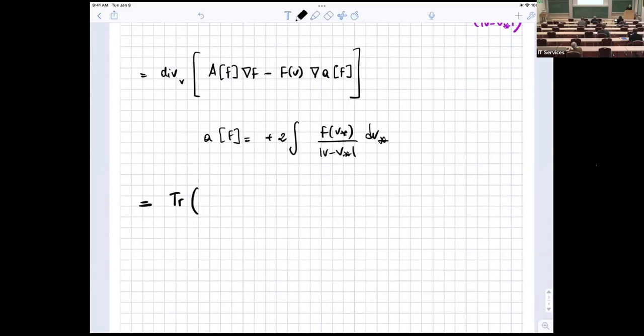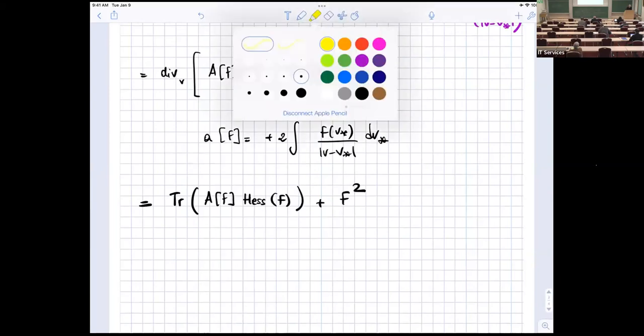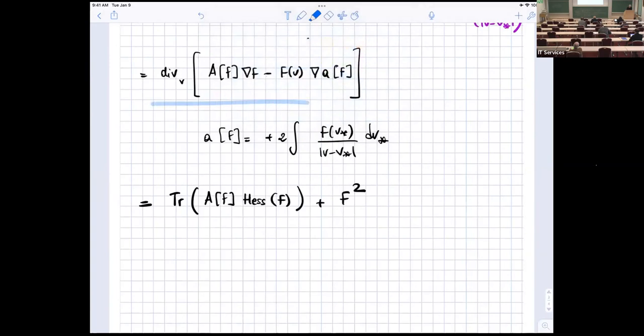If I apply the divergence to all the terms inside, at the end we get something like this, plus f squared. So this is the formulation of the Landau operator in divergence form, and this is the formulation in non-divergence form.